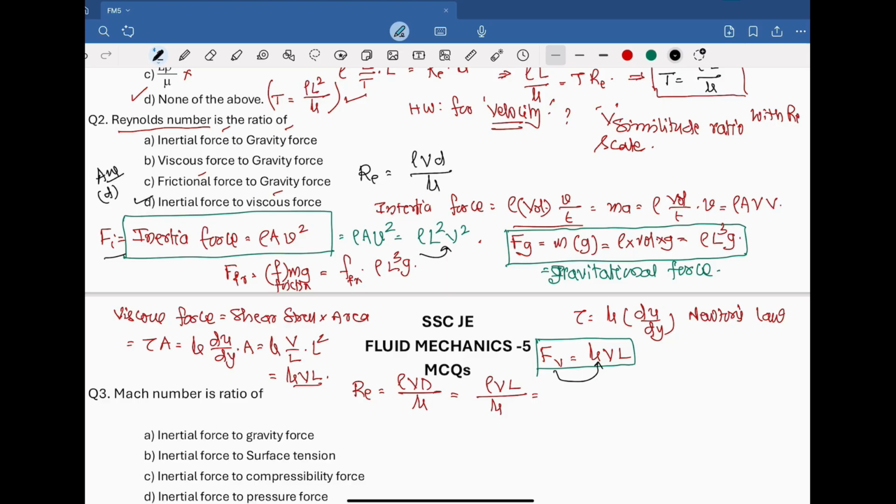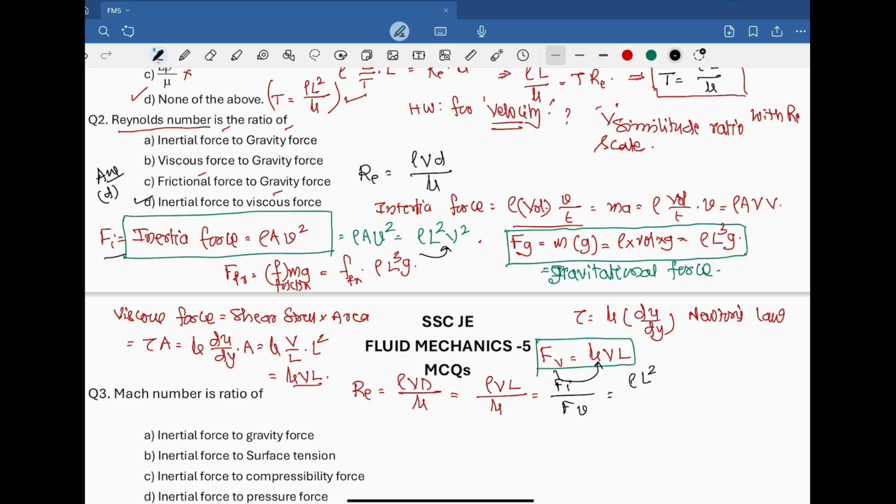Because rho V L by mu is nothing but inertial force by viscous force. If you write it here, what is inertial force?